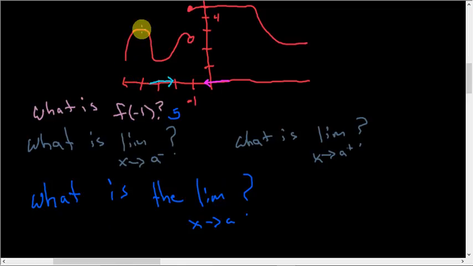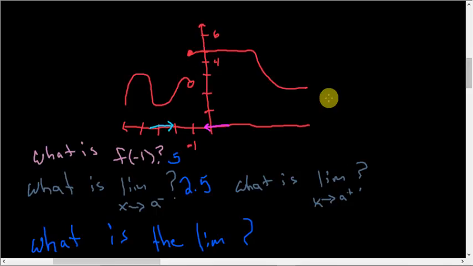You have this little curly Q here, and we'll say it's about 2.5, in decimal form. And what is the limit as x approaches a from the positive side? Again it's 5, it's supposed to be straight on right there. So 5.